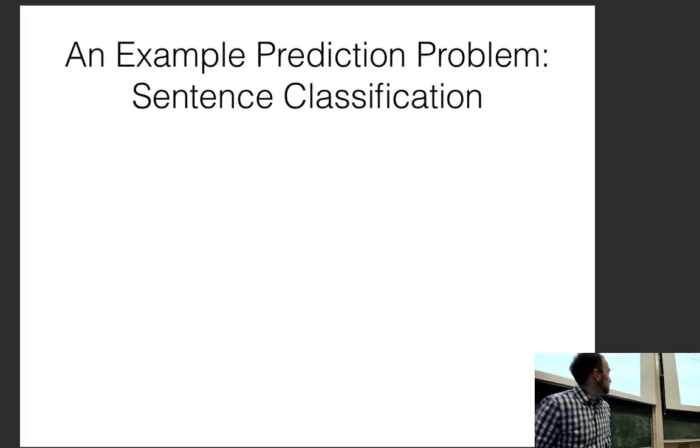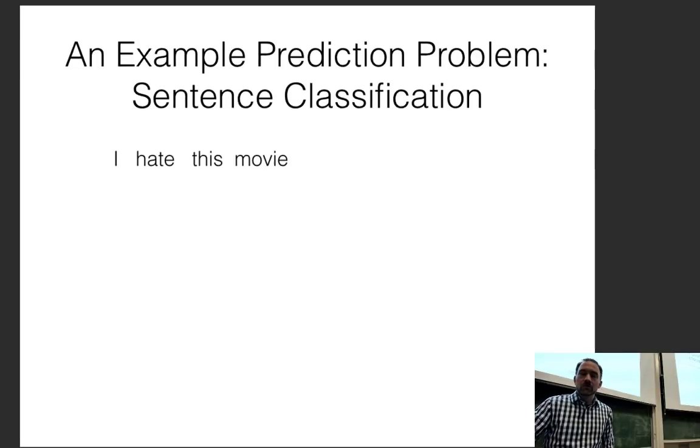Okay, so now to move on to a little bit of technical introduction. To give an example of a task that we're interested in, sentence classification, we can think of a very simple sentence classification task, which is sentiment classification.